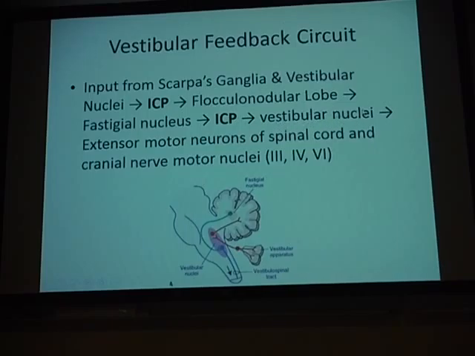Then we've already seen our vestibulospinal tracts, from 2 weeks ago, that project to either extensor motor neurons in the spinal cord or to cranial nerve motor nuclei. So this is the cerebellum's way of influencing things like posture and balance and control of eye movements through its reciprocal interactions with the vestibular nuclei.